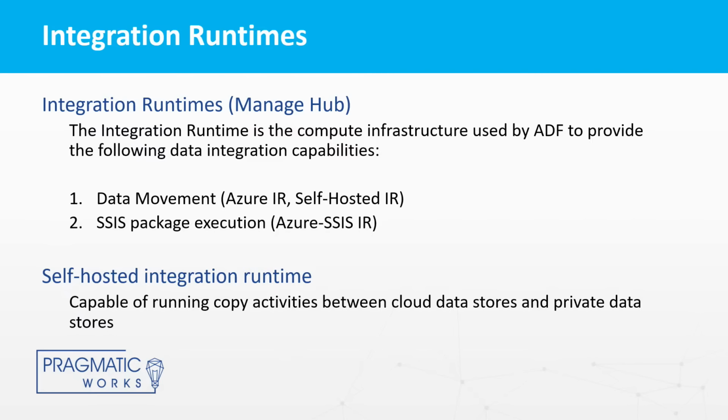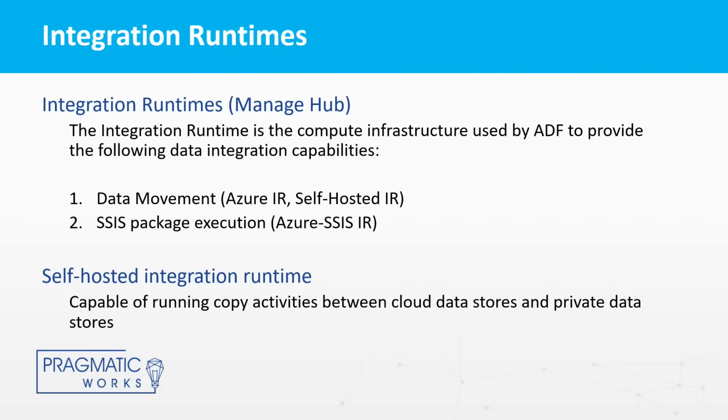Now we're going to discuss this, but we won't be going through a self-hosted integration runtime, as that requires you to download and install an actual self-hosted integration runtime service. So you have to install a service locally within that private network that you link to your instance of Azure Data Factory so you can create that bridgeway, that tunnel, if you will, to communicate between private network and public network, right?